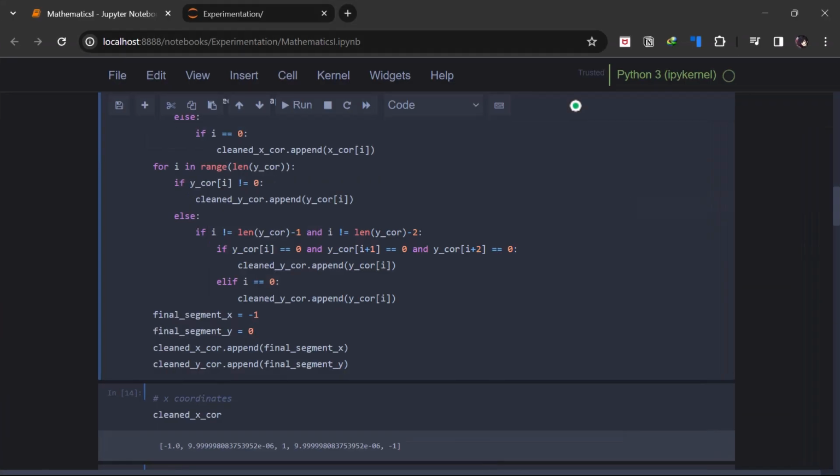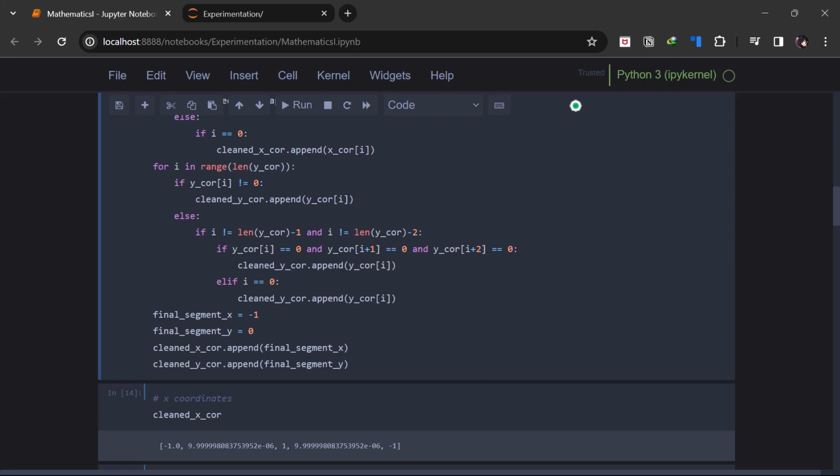So this is what it is. Final segment equals -1 and final segment. I could have appended this directly, append -1 and append 0, but this looks a bit neat, and it kind of self-explains what is happening. I'm adding the final segment because a regular polygon or any polygon is a closed loop, so it starts from the same point where it ends.